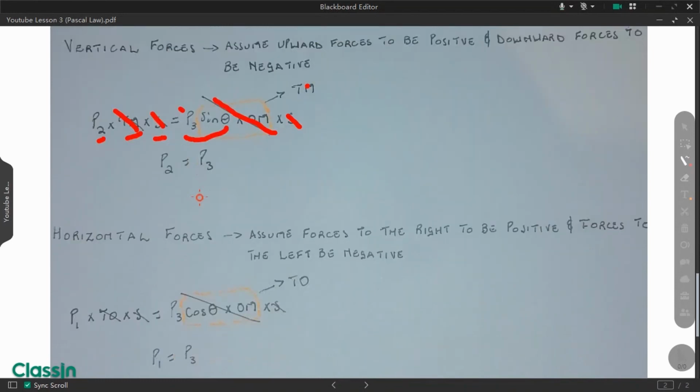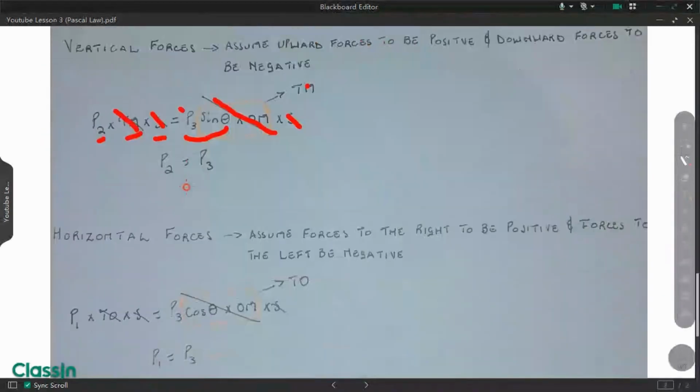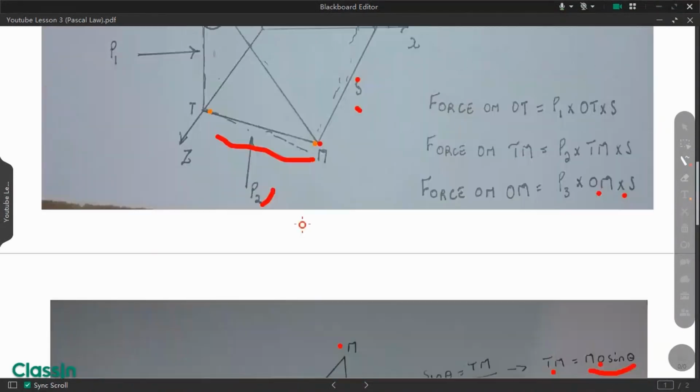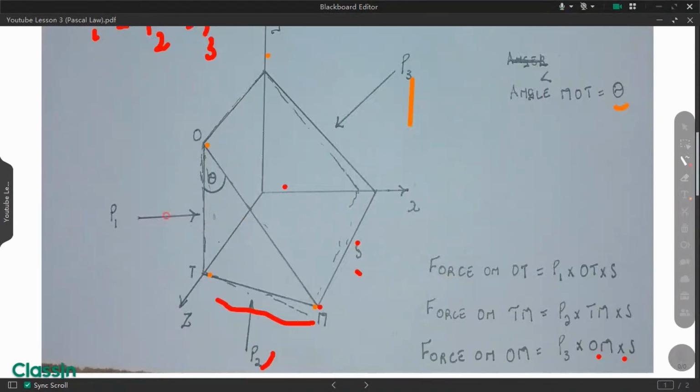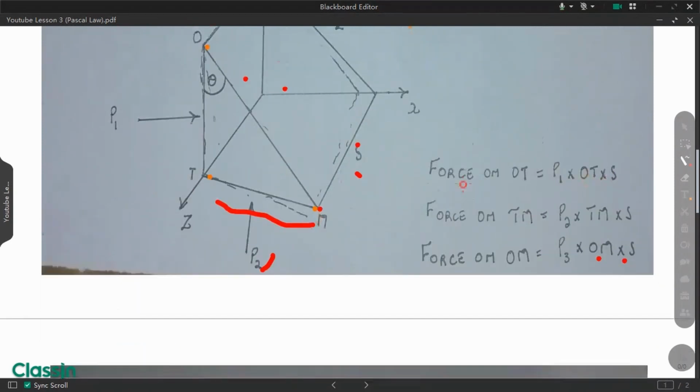Right. Let's move down a little bit when we consider the horizontal forces. Again, we assume forces going to the right to be positive and forces going to the left to be negative. So the force going to the right on this face is P1. So the force on this surface TO is P1 multiplied by TO multiplied by S, which is the thickness.